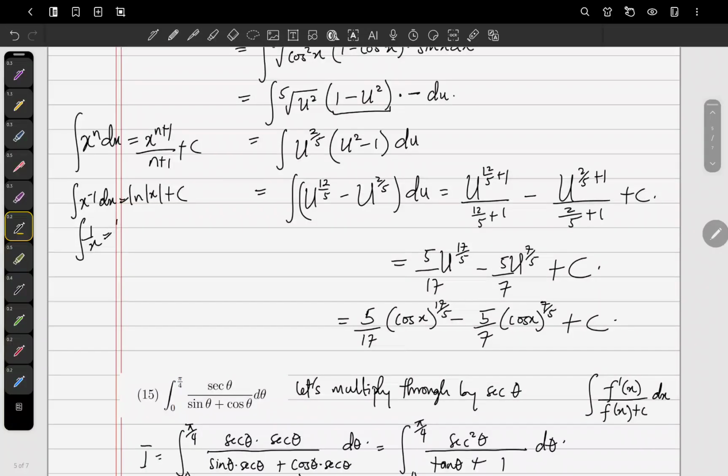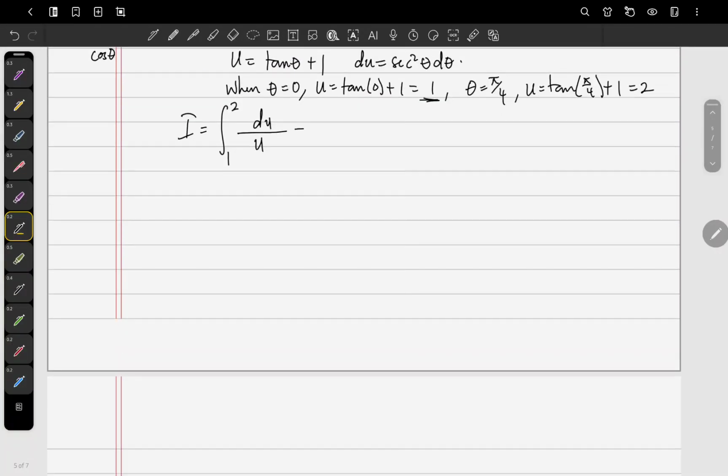The integral of 1 over x is natural log of x plus c. So it means this is natural log of u, and using the fundamental theorem of calculus, this is from 1 to 2. That means this is equal to natural log of 2 minus natural log of 1. But hold up, natural log of 1 is just 0. So this is just natural log of 2.